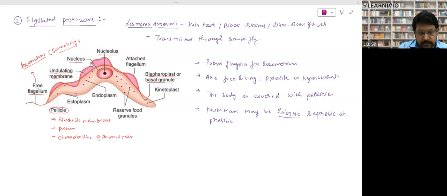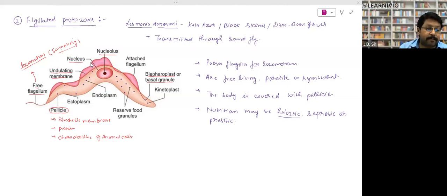If an organism is taking food from dead or decaying parts of a plant or animal body, it is called saprobic or saprophytic nutrition.